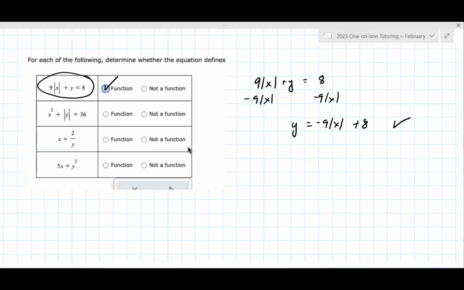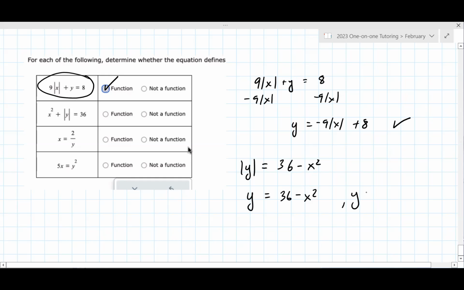Well, I know y can't be an absolute value. Yeah, so it's 36 minus x squared, absolute value of y equals this. And there's two cases. There's y equals this and y equals the opposite, x squared minus 36. So this, I believe, will be not a function because you can't solve it.